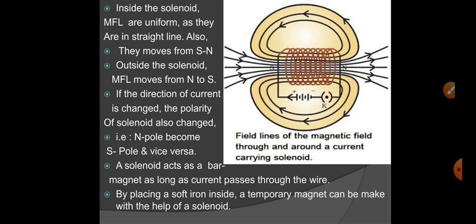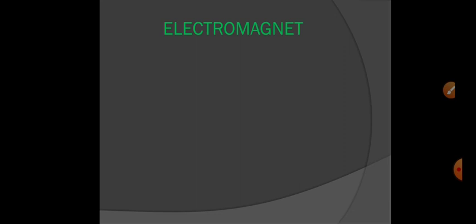Now what is special about making the wire in the shape of a solenoid? It has a great advantage: if you place a soft iron inside the solenoid, it gains a temporary magnetic property. That means it becomes a temporary magnet, which is very useful.